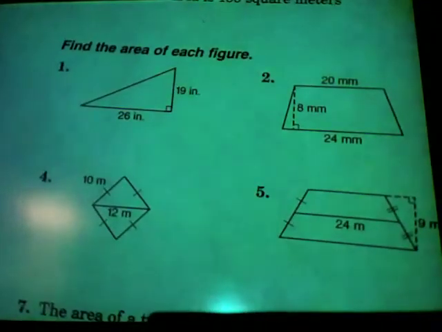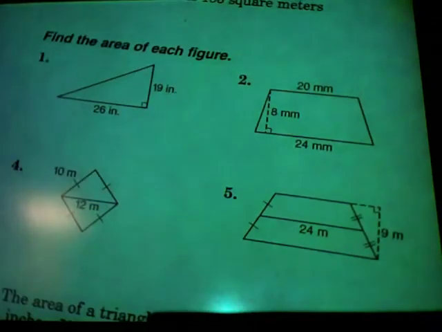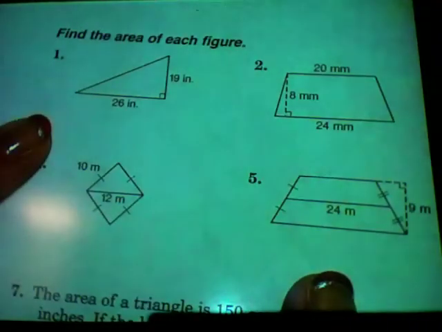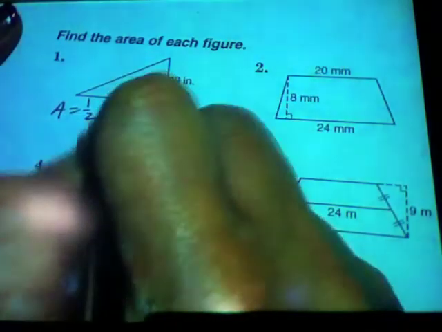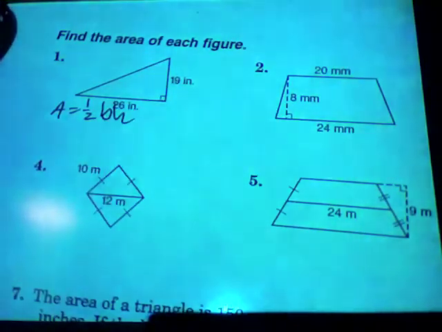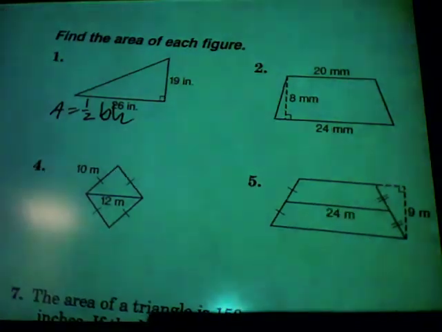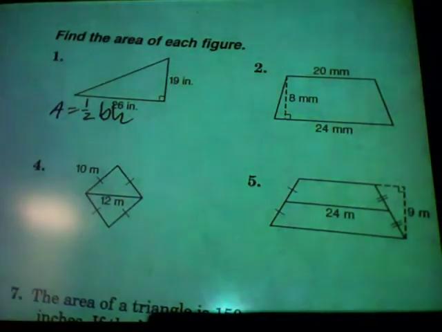All right, so then we're going to look at some problems. Here's some very simple ones. Name that figure and then write its formula. What formula are you going to write for this one? Yeah, so I want to see the general formula, 1/2 B times H. And then you're going to plug in to that general formula before you use your calculator.